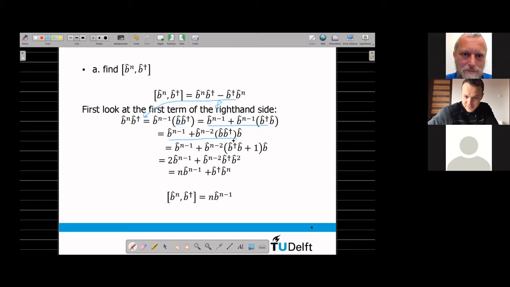We do the same thing, but this time, let me go with red, we look at this term, again b dagger, and we again express it as b dagger b.